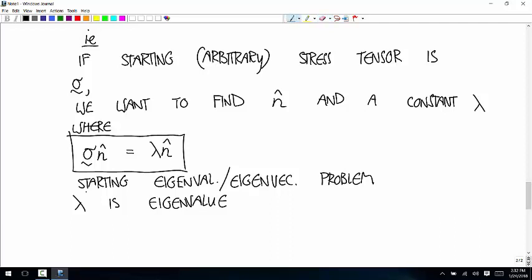Well, there are three of these. So an eigenvalue is the three lambdas.